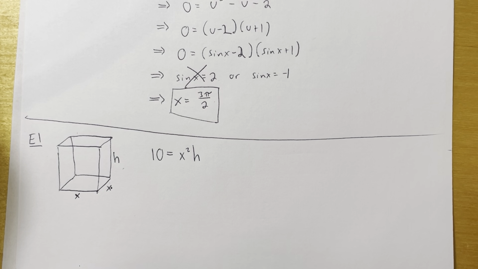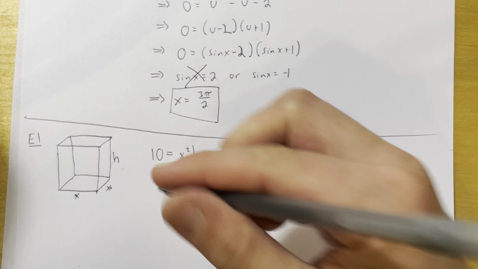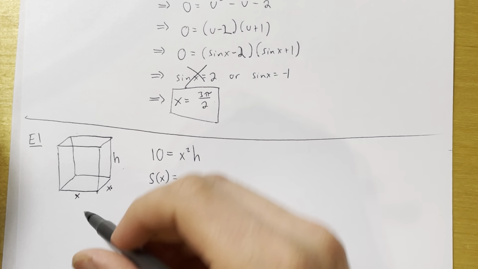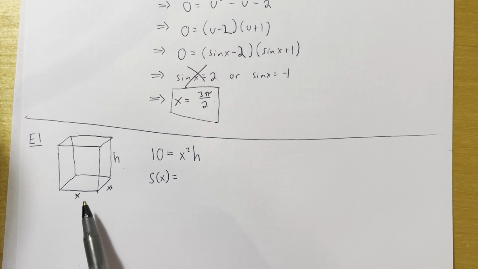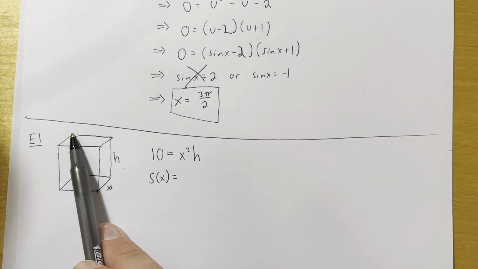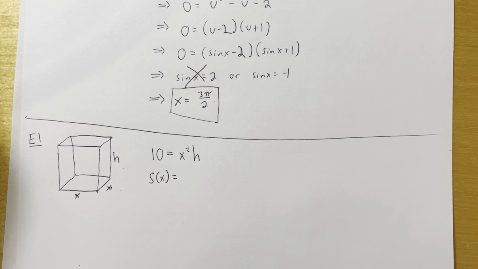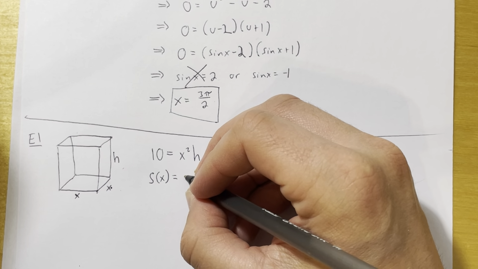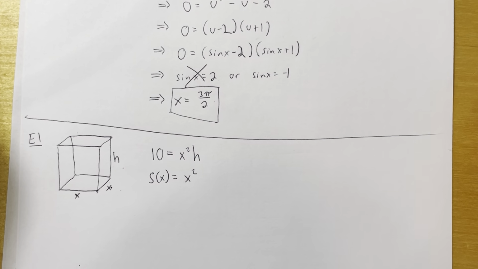Okay? Now that's not the answer, right? Because that doesn't give us the surface area. So let's look at the surface area next. I want a function s of x, which gives me the combined area of all of the surfaces of this box. Now because it's an open top box, there's not a top base to consider here. But the bottom base, being a square with a side length of x, has an area of x squared.